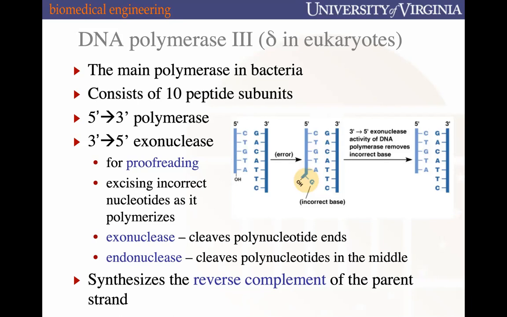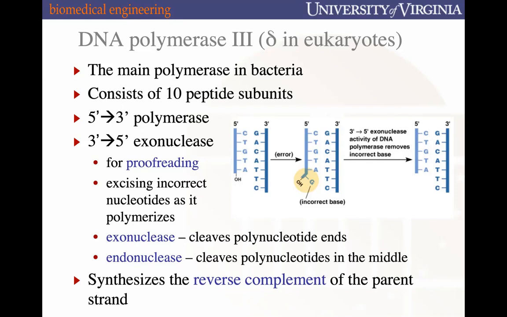For example, if we have the incorrect base added here, moving from the 5' to 3' direction, because we have a guanine that's trying to be paired with a thymine, it's not going to have the right hydrogen bonding to have the strands joined together. It's going to have a kink, and that's going to disrupt the ability for DNA polymerase to continue with polymerization.